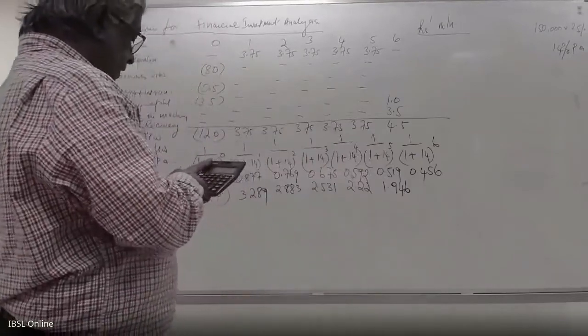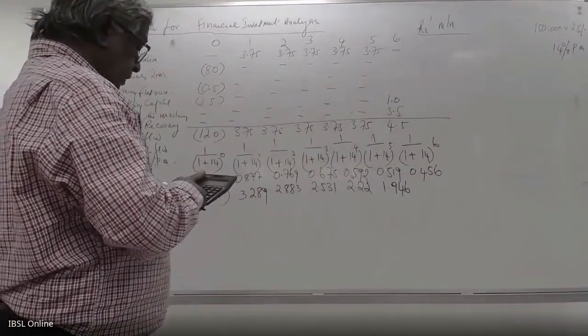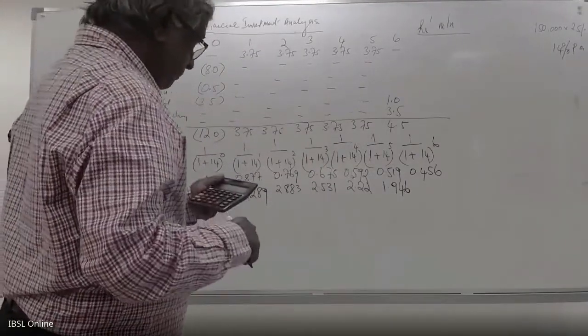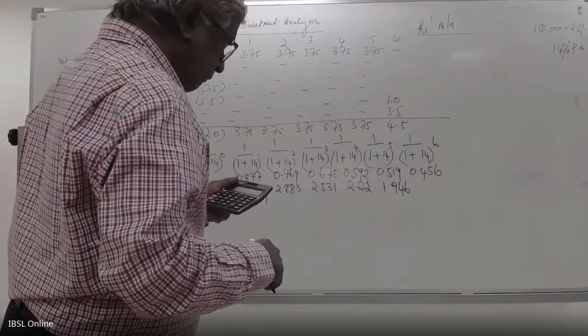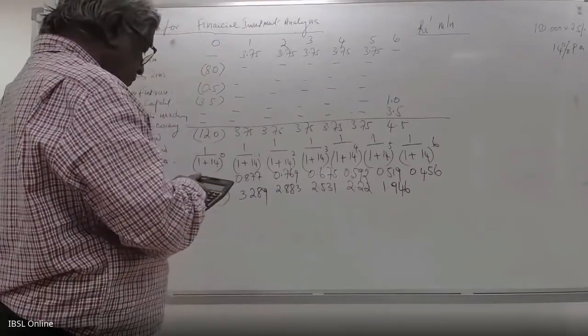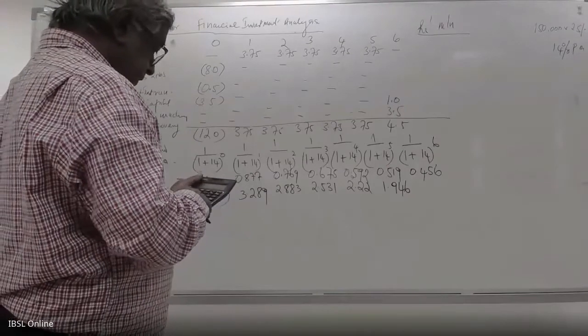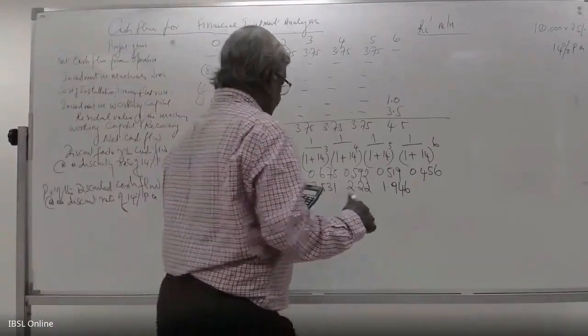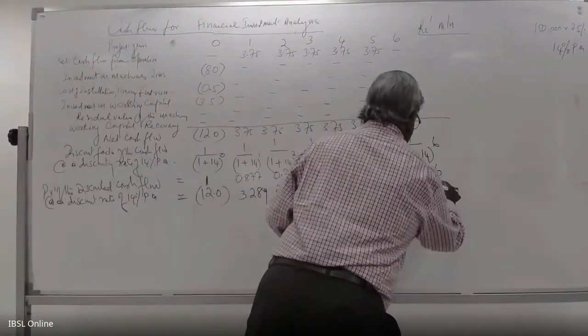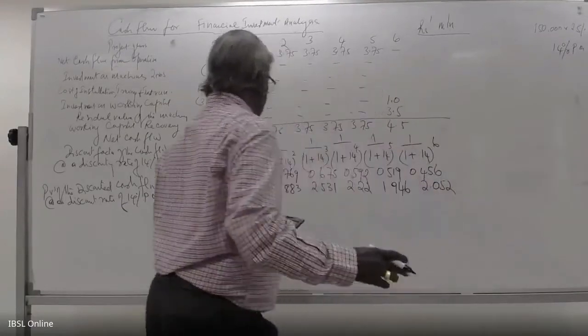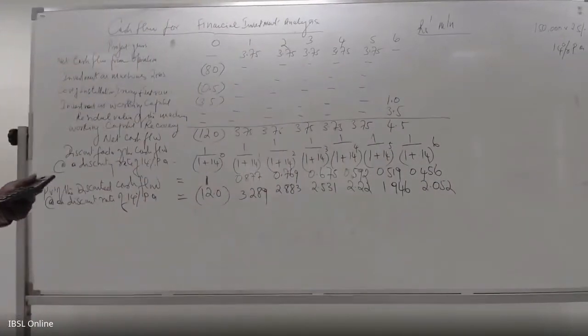Now 4.5 multiplied by 0.456, that is the discount factor, is 2.052. Now all future values have been brought to the present value.